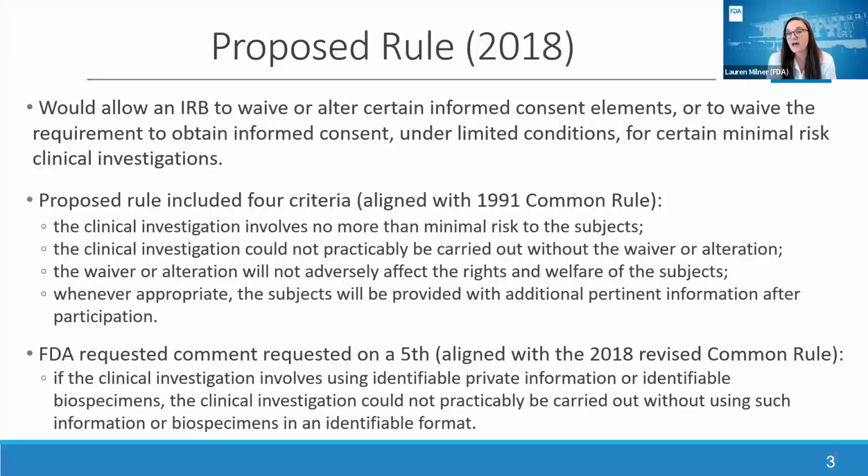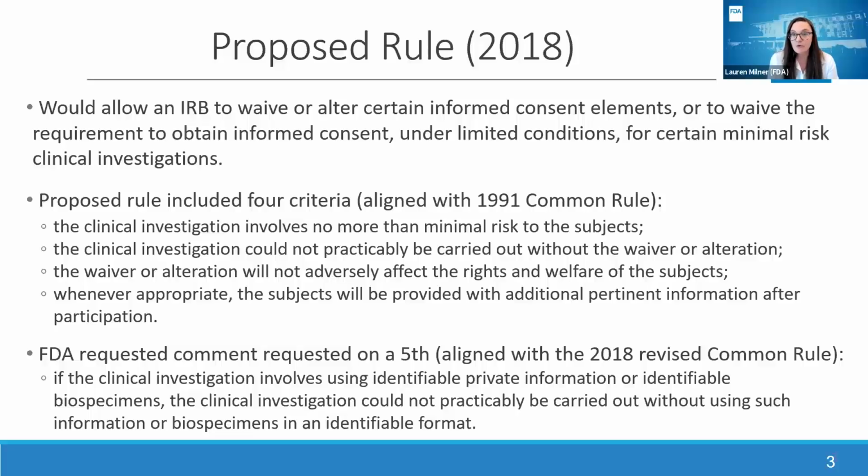This includes that the research, or for us, the clinical investigation, involves no more than minimal risk. It couldn't practicably be carried out without a waiver or alteration. It wouldn't adversely affect the rights and welfare of subjects. And when appropriate, the subjects would be provided with additional pertinent information after participation. So these are the original four.